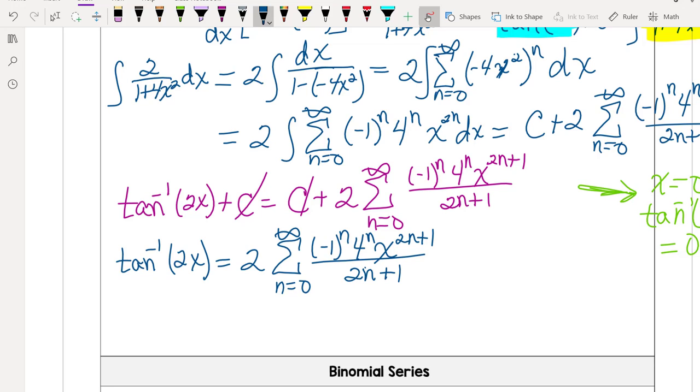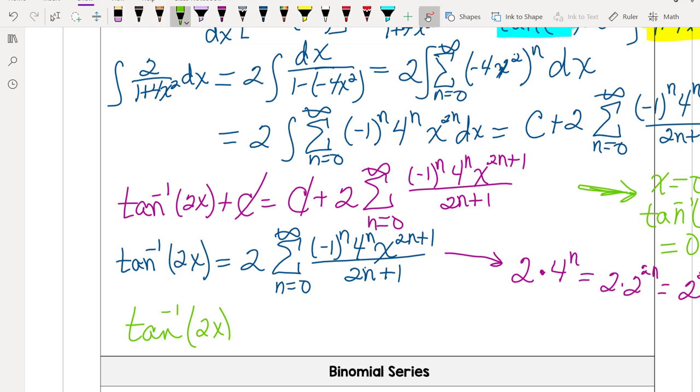Now if you want to pull that 2 in there and simplify this a little bit so it looks all cohesive and it looks like it goes together, what you can do is take this 2 that's out front times the 4 to the n and rewrite it this way. So you get 2 to the 2n plus 1. So when we rewrite the whole thing, it kind of goes together then. It's kind of cool how this works out.